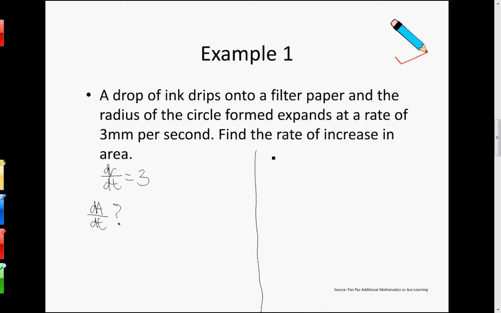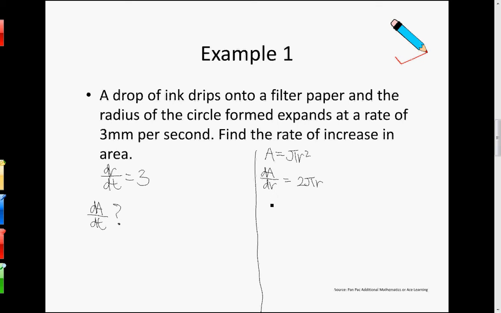However, I know that A is equal to pi r squared. So in actual sense, I can find dA/dr. By differentiating, we get 2 pi r.